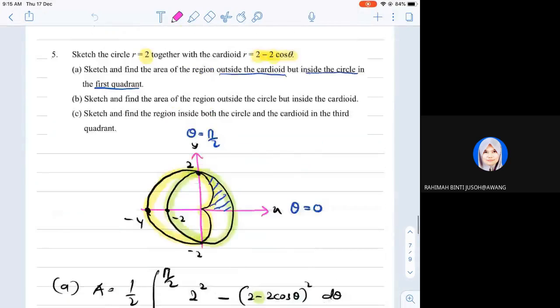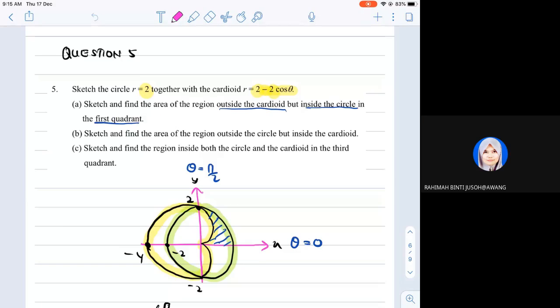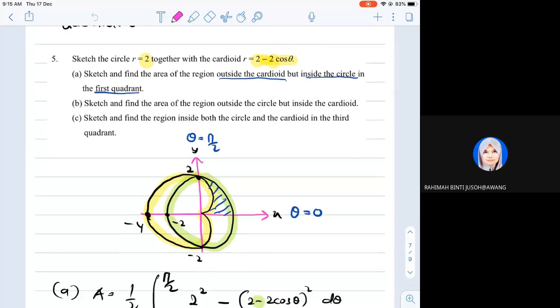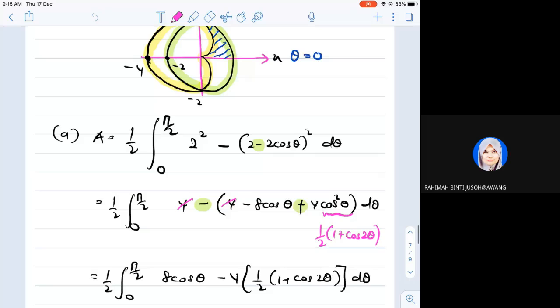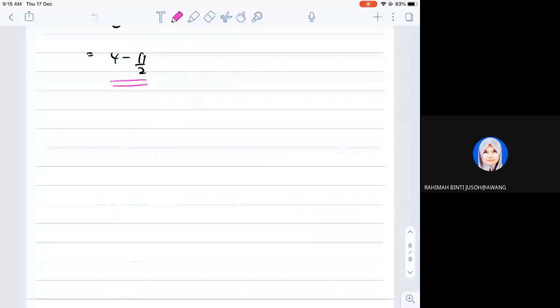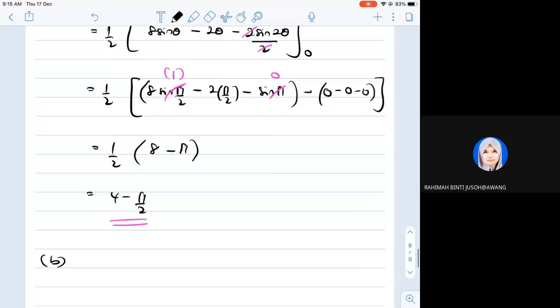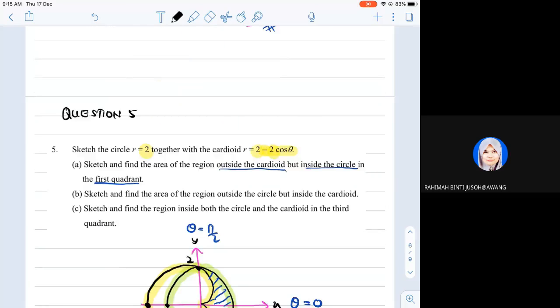So next, question B. Again, sketch and find the area of the region outside the circle but inside the cardioid. Outside circle, inside cardioid. Again, you have to sketch.